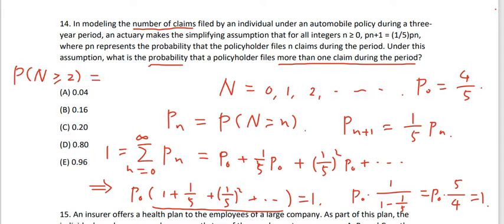So this equals 1 minus P0 minus P1. So that's 1 minus 4/5 minus P1. And what is P1? 4/5 times 1/5, 4/25, right? So this is the answer.